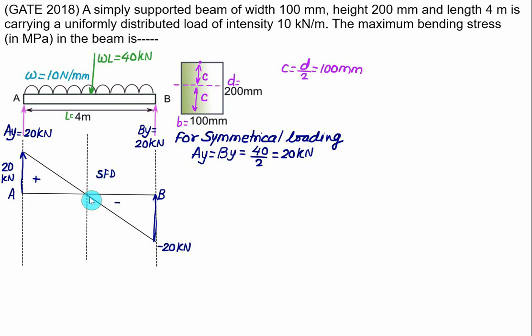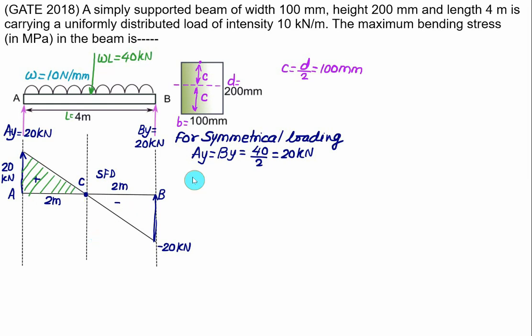Because of symmetry here, we can locate point C comfortably. This distance is equal to 2 meter as well as this distance equal to 2 meter. Since we have the change in the shear force sign at point C, the maximum bending moment will be at point C. Either you can take this area, which is the area of a triangle, or you can take this area, which is one and the same.